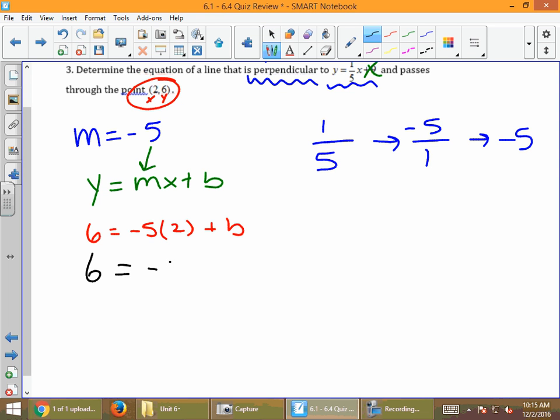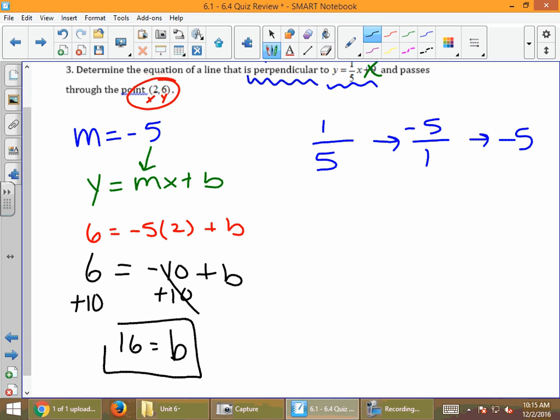Negative 10. To get b by itself, what do we have to do with the negative 10? So b ends up equaling what? 16. So now we have our b, we have our m, what's the equation of this line going to look like?